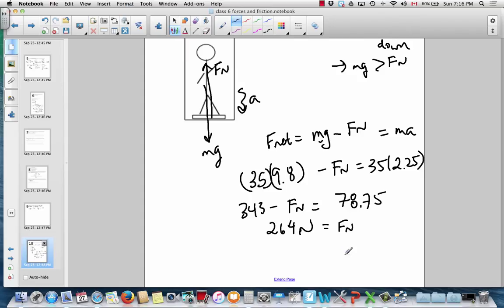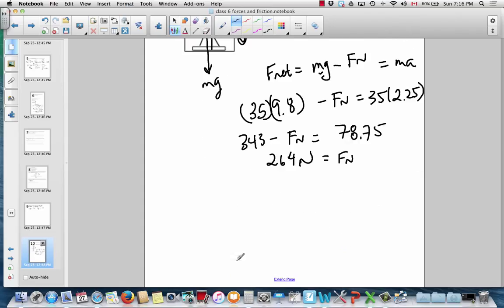Now, most bathroom scales don't read in newtons. The scale reading, although it measures a force, is scaled in kilograms just by dividing by 9.8.